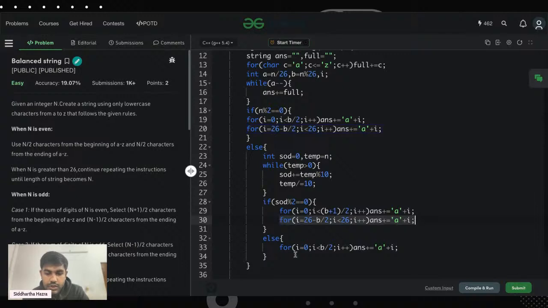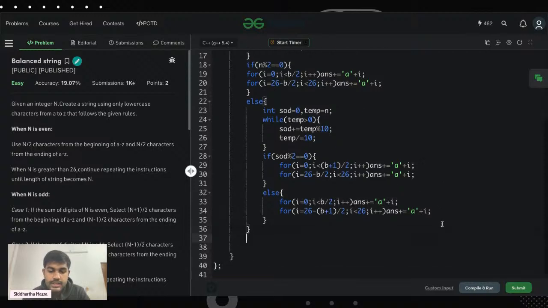Okay, so we will just copy this condition, and this would be b plus 1. Then I is less than, and I plus plus, and this is fine. After all this, we would return the answer itself.